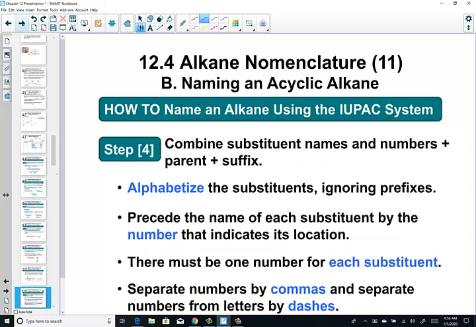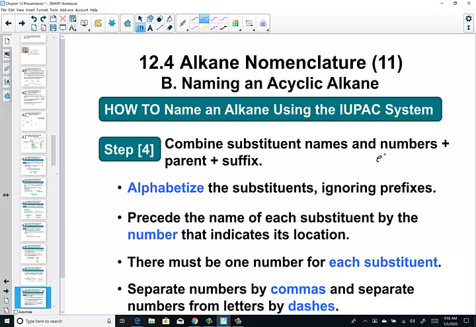We're going to combine the substituent names with their numbers, add the parent, and finally the suffix. If there's more than one type of substituent, we alphabetize them, ignoring any prefixes.